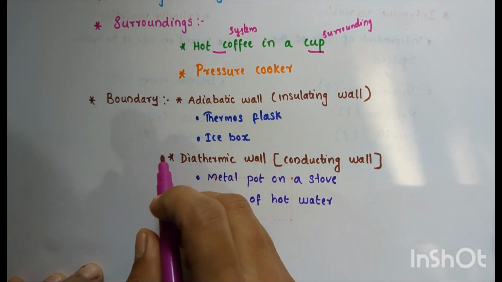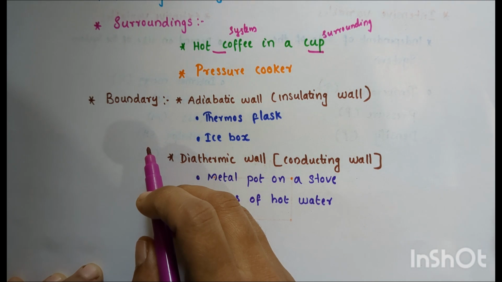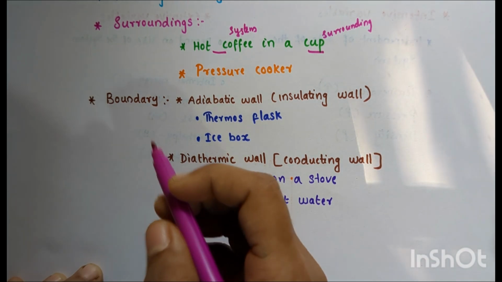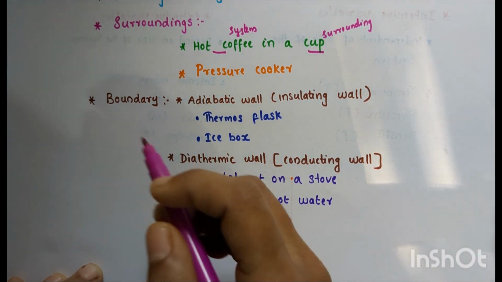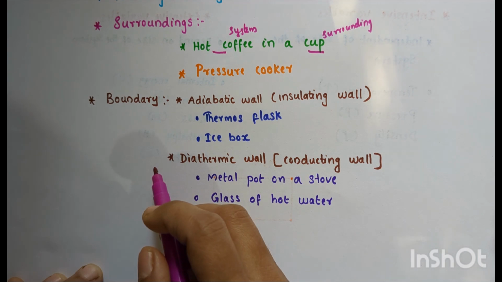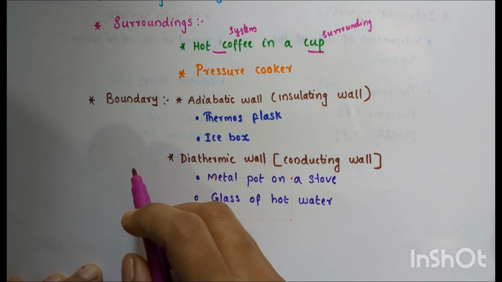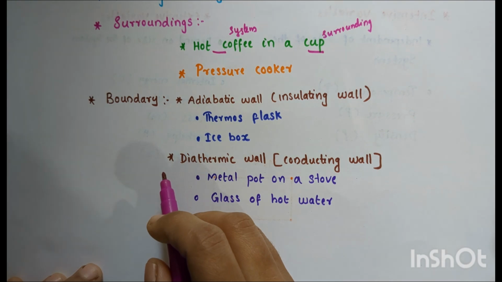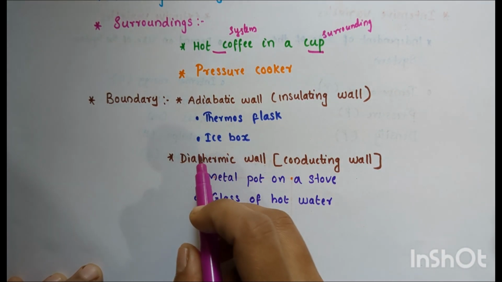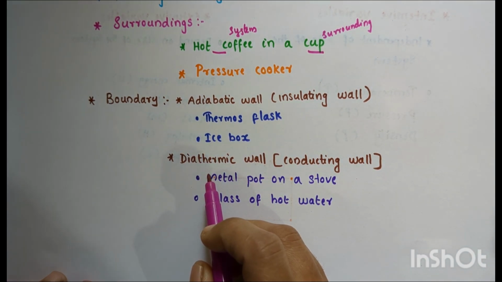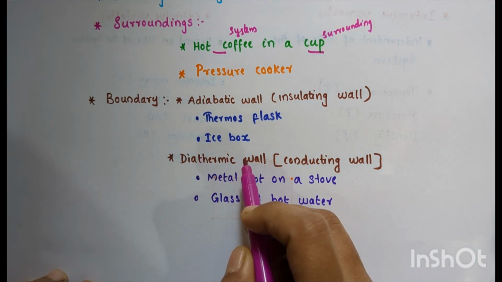Now we want to know about boundary. See, the real or imaginary surface that separates the system from its surroundings is actually called the boundary. There are mainly two types of boundaries. One is adiabatic boundary, another one is diathermic boundary, or adiabatic wall, diathermic wall.